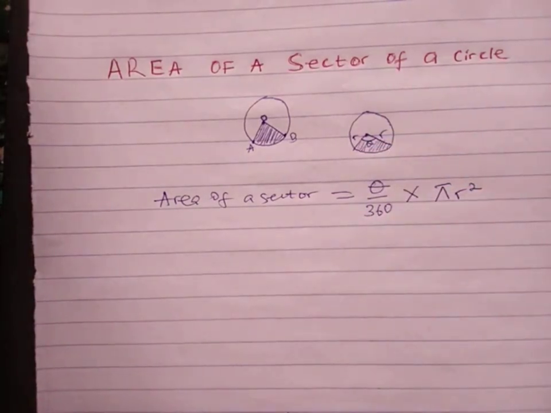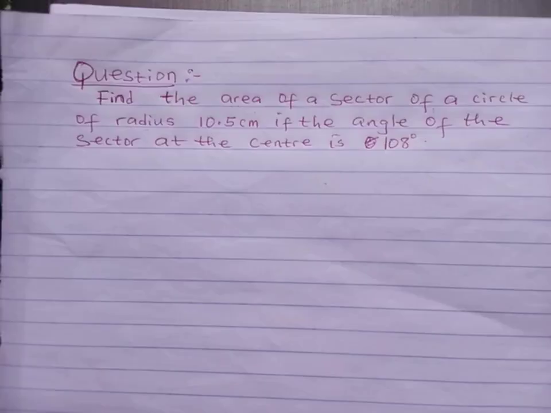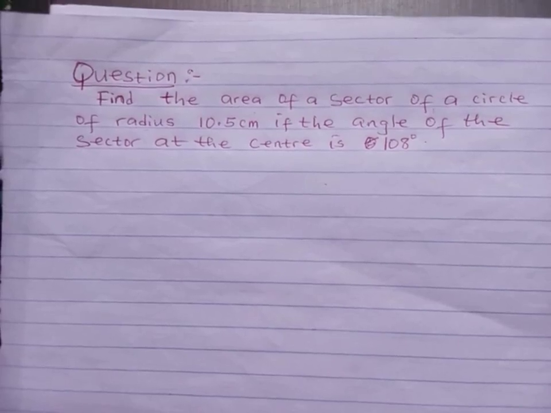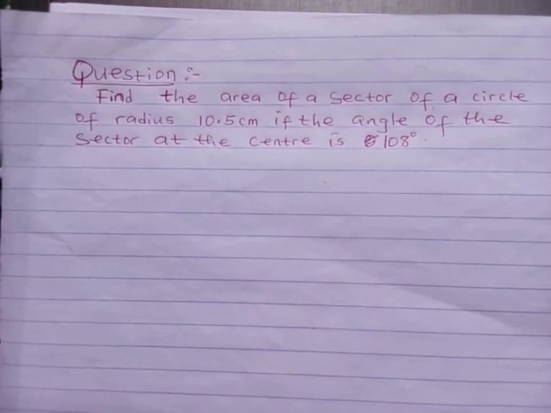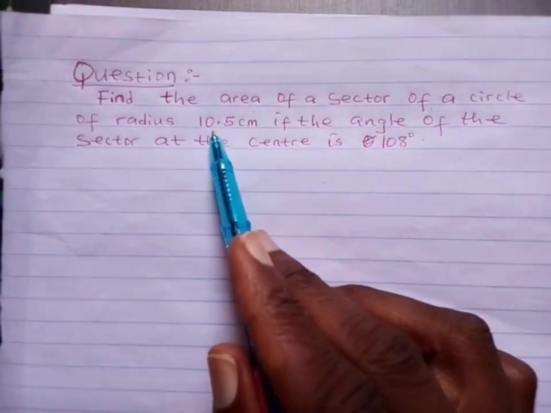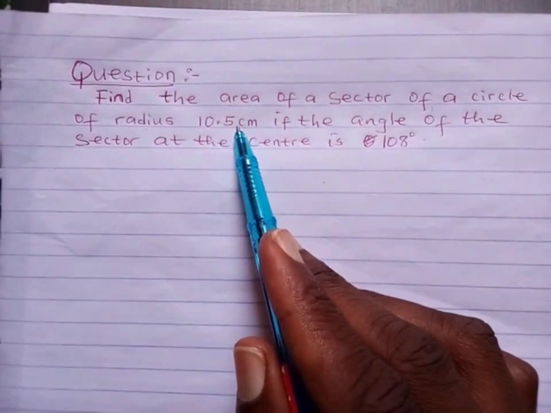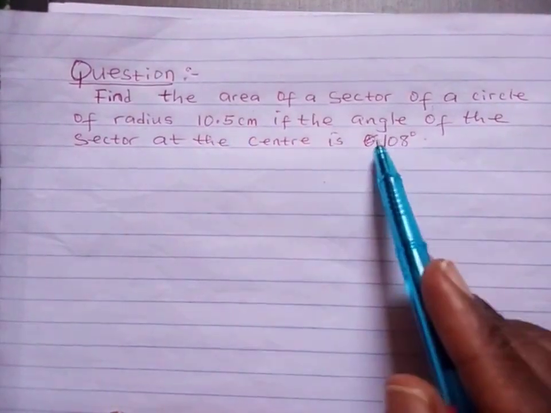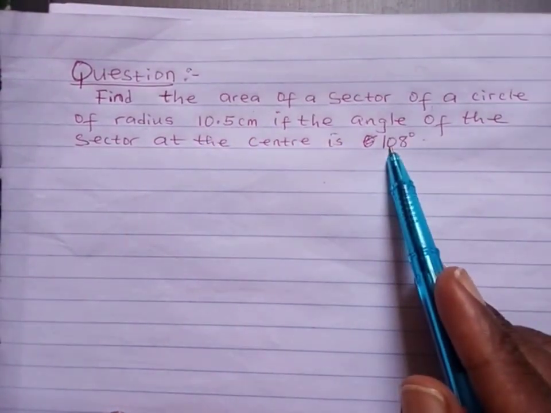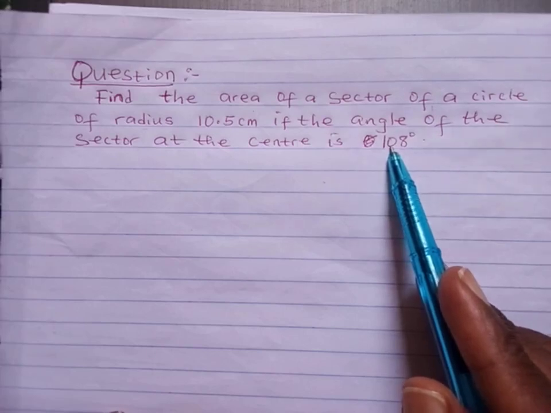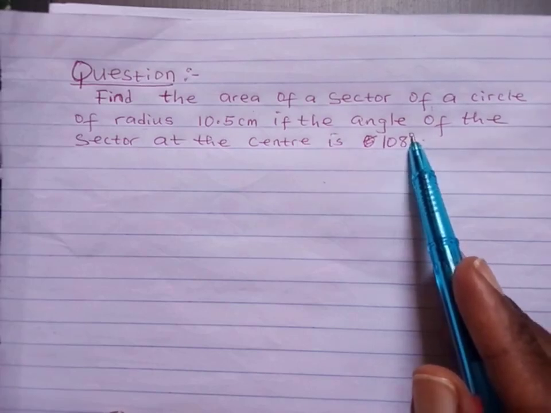Now, take for instance, you are given a question like this. In this question, you are required to find the area of a sector of a circle of radius 10.5 centimeter. And we're told that the angle subtended at the center of the circle is 108 degrees.